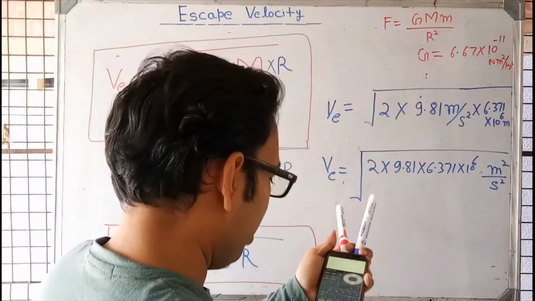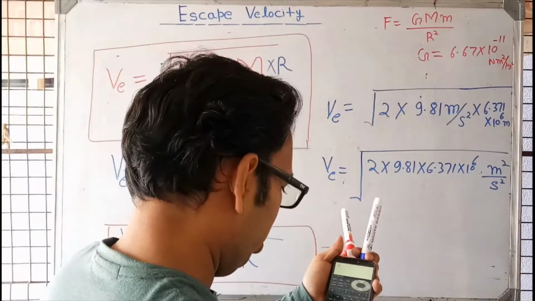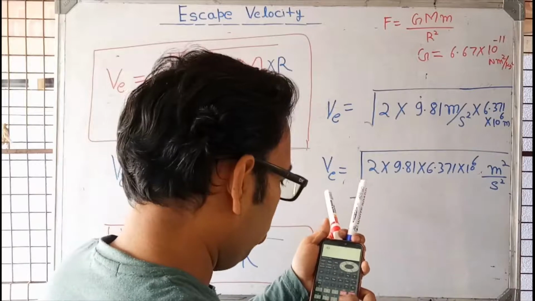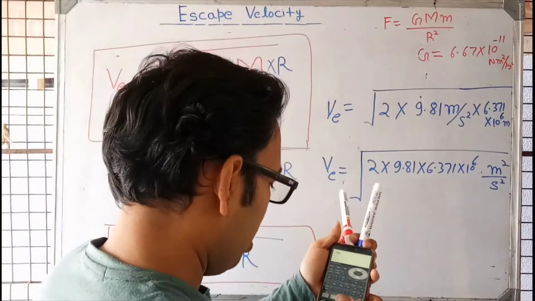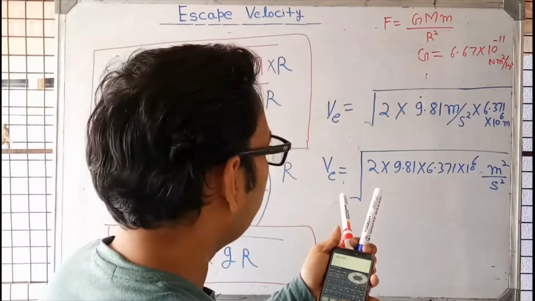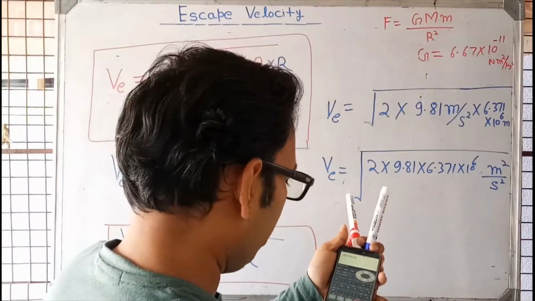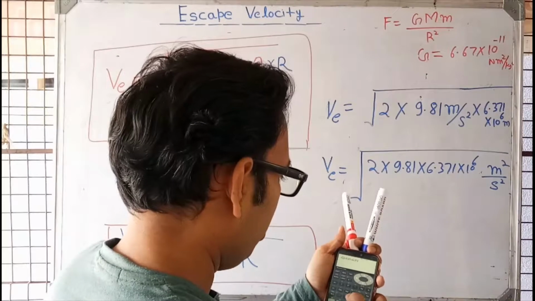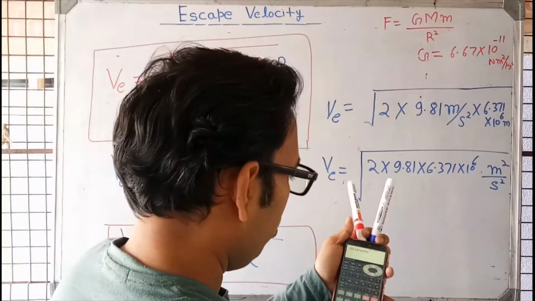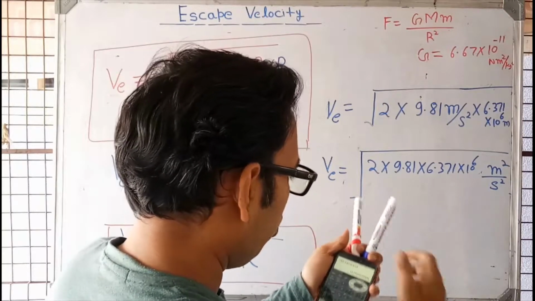In the calculator, under root 2 into 9.81 multiplied by 6.371.